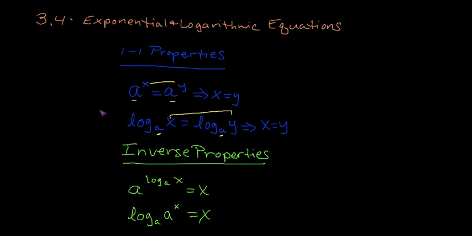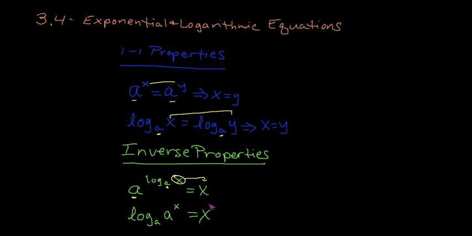A little review on inverse properties, where the exponentials and the logarithms undo each other. One of the keys we said to look for was, does the base of the exponential equal the base in the logarithm in the exponent? If they're the same, then the value right here becomes our solution.